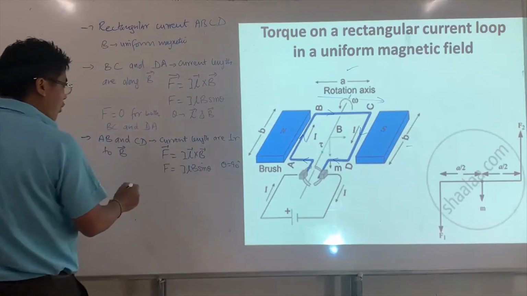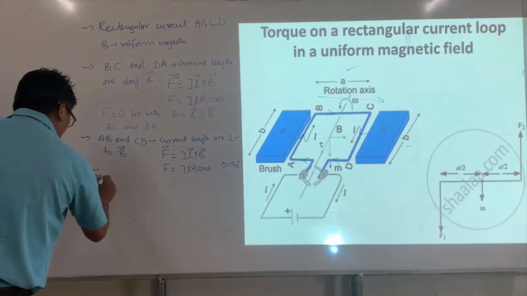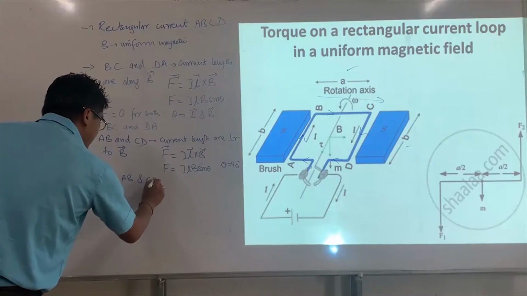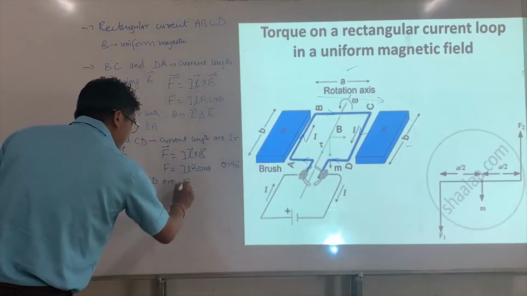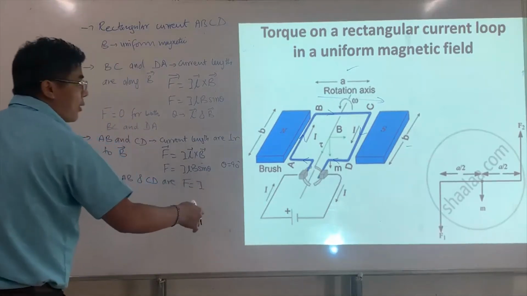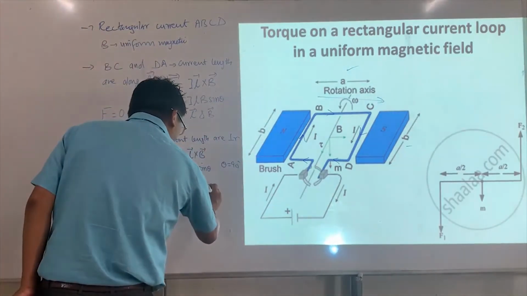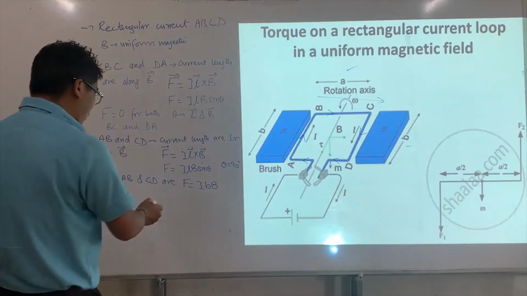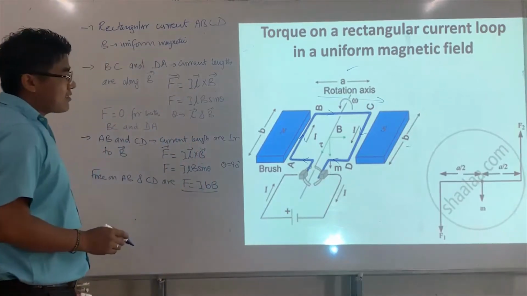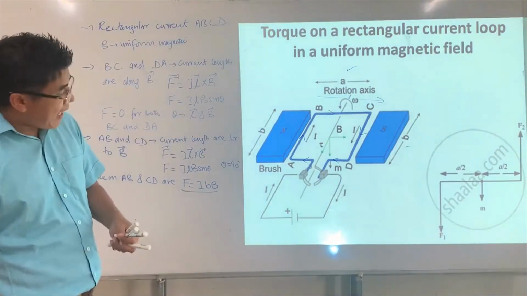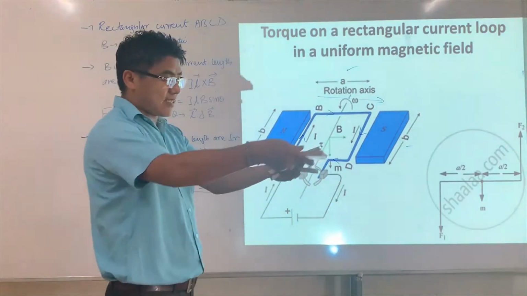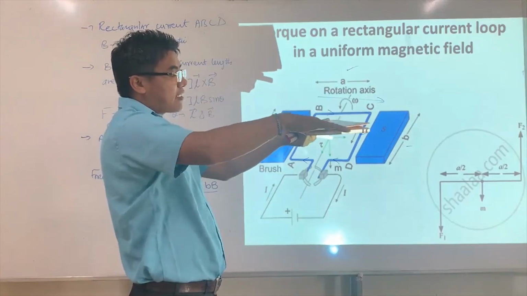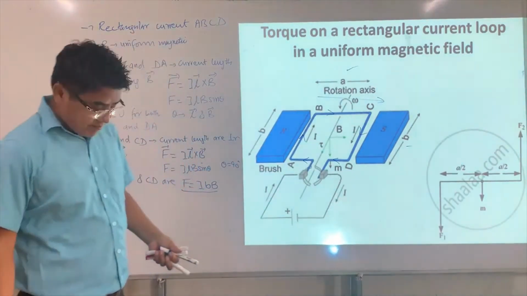Let's say the force on AB and CD is F equal to I, the length is b, so I write b, and sine 90 is 1. This is the force acting on lengths AB and CD, and these two forces act on these two lengths.